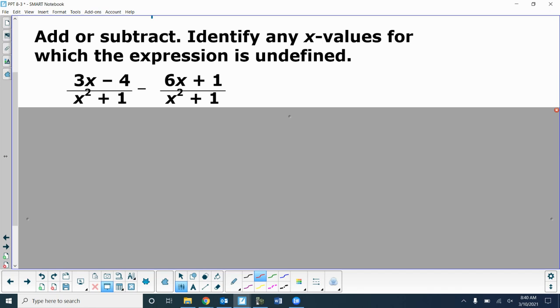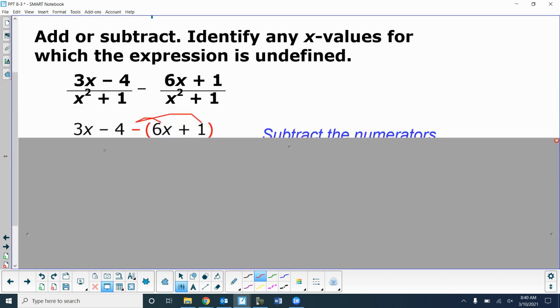Okay? 3x minus 6x is -3x. -4 minus 1 is -5, right? What if that was a -1 there? What's negative 4 minus a negative 1? That's negative 3, right? So pay attention when you have subtraction to the minus and negative signs. Stuff that you know, but sometimes we get in a hurry.